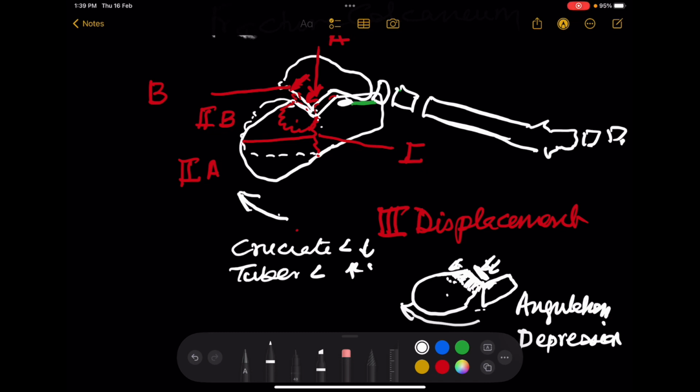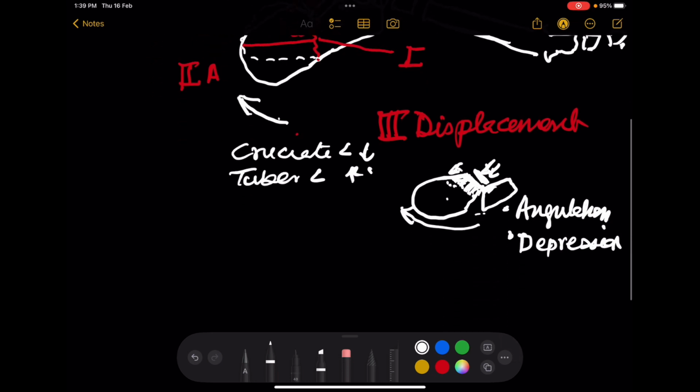So this classification, where the displacement is either angulation or depression, is called the Essex-Lopresti classification.